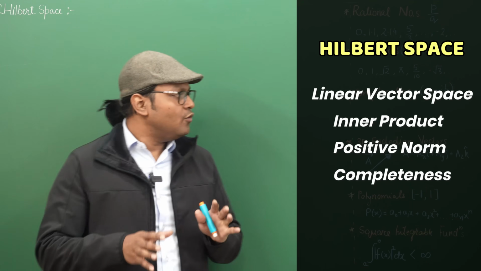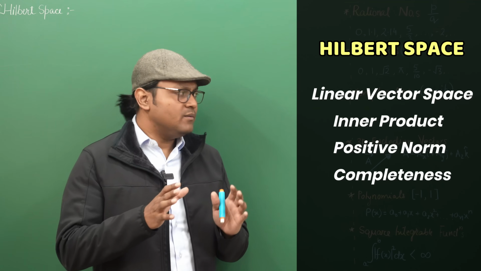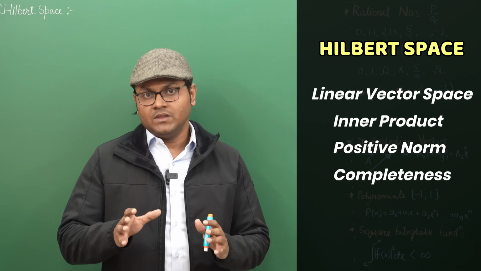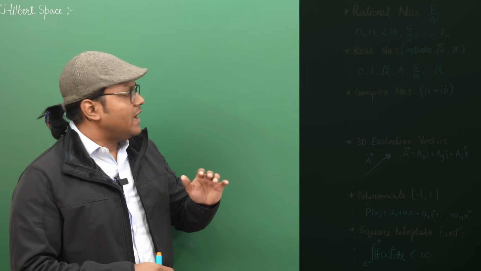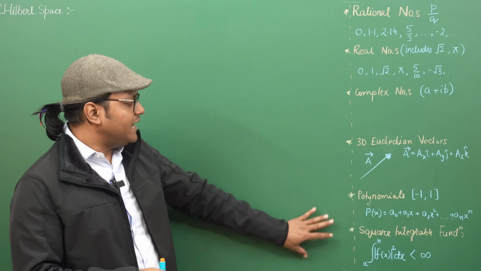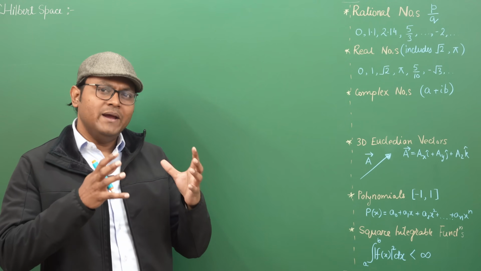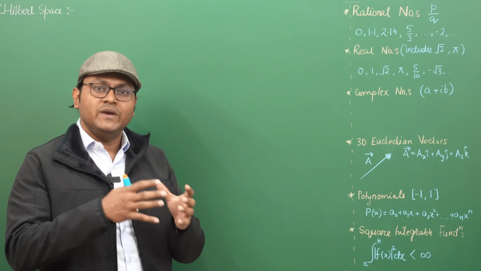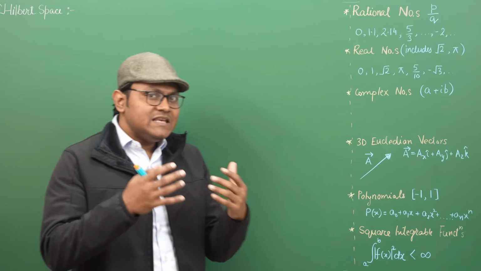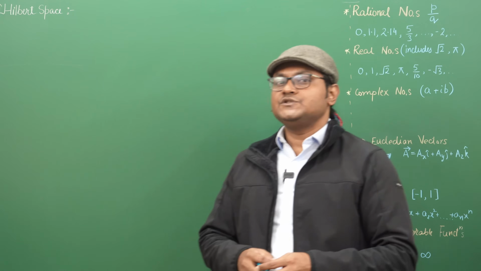Now these are four very important criteria, and therefore we need to understand them one by one. To understand these criteria, I'm going to be using a couple of examples from mathematics of different kinds of mathematical spaces. We will use these examples to get a better idea of what a Hilbert space is, because the topic of Hilbert space seems to be very, very abstract.